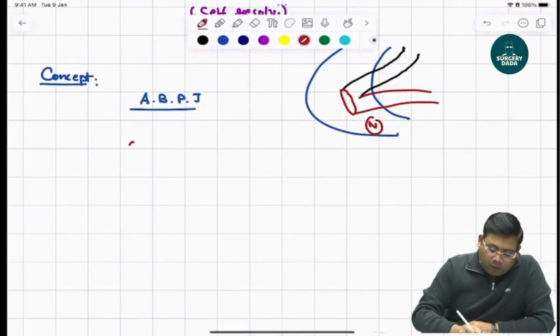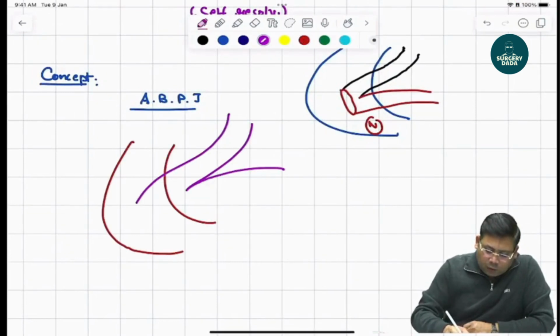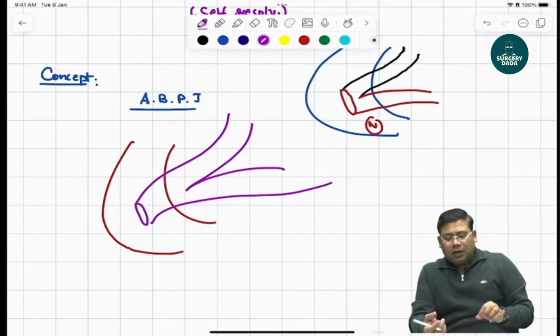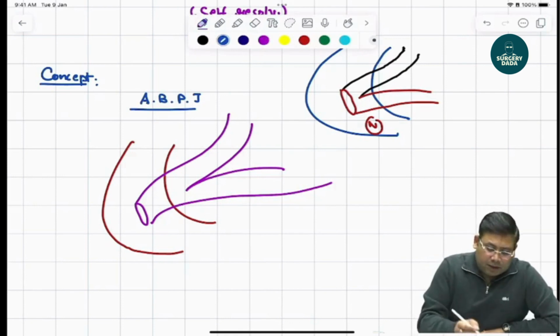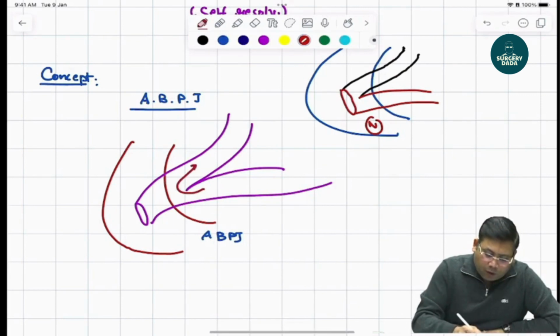And when we talk about the ABPJ, the confluence of the CBD with the MPD is outside the duodenum. This is what is ABPJ, and because of this ABPJ, what is the problem?